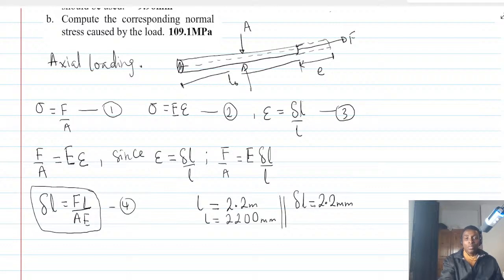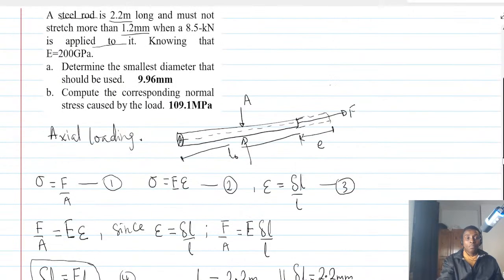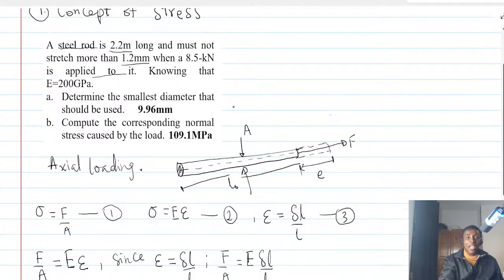Okay. All right. So now we have the change in length as this, and then he said that the force is what? 8.5 kilonewtons. All right. So then we have got our force, isn't it?